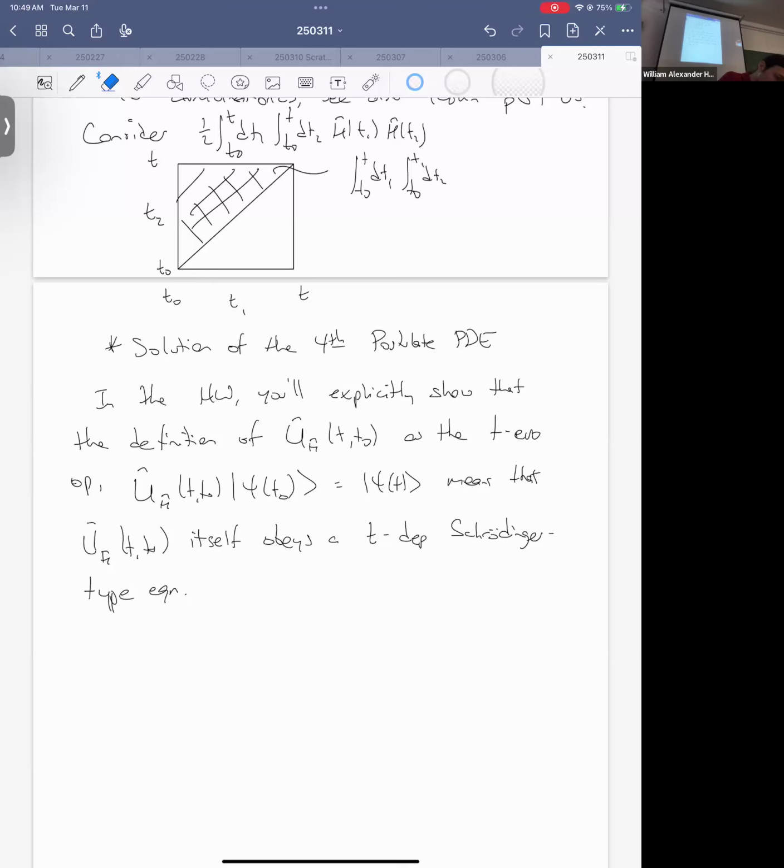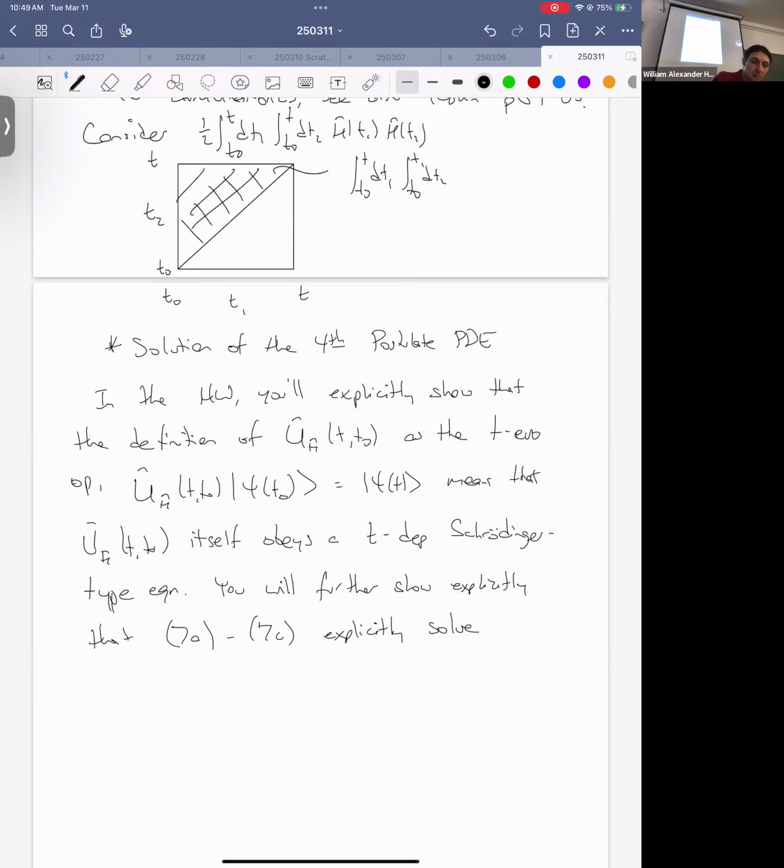You will further show explicitly that the equations 7a to 7c that we wrote out explicitly solve such a PDE.